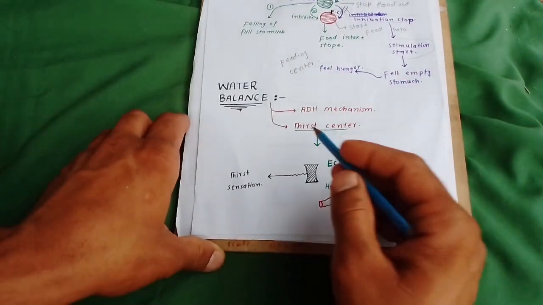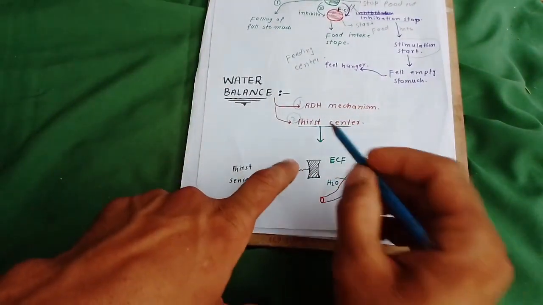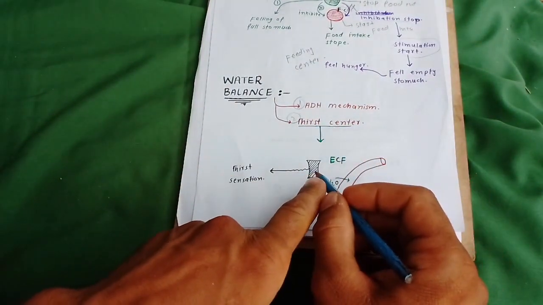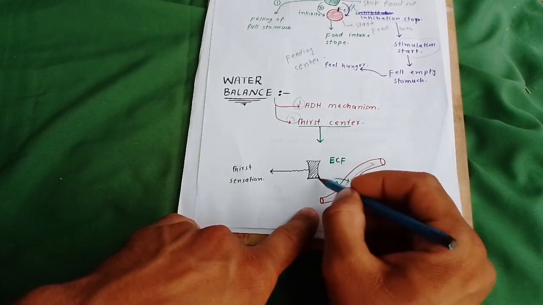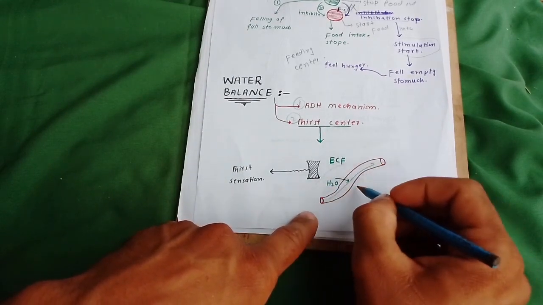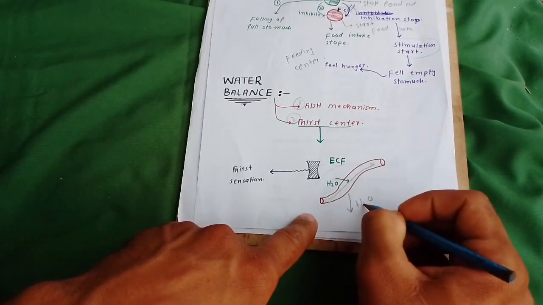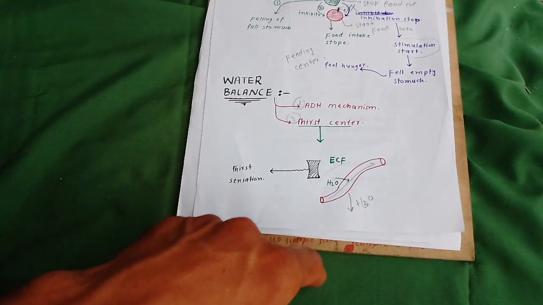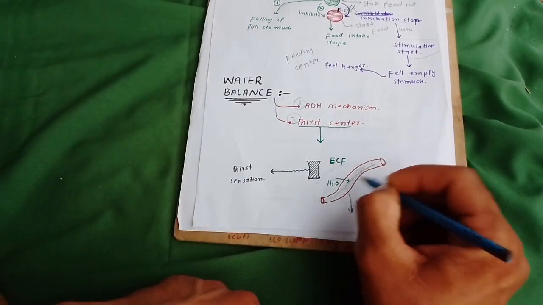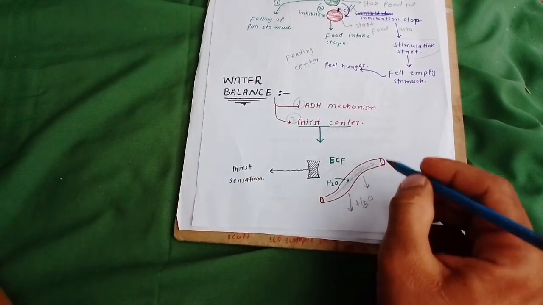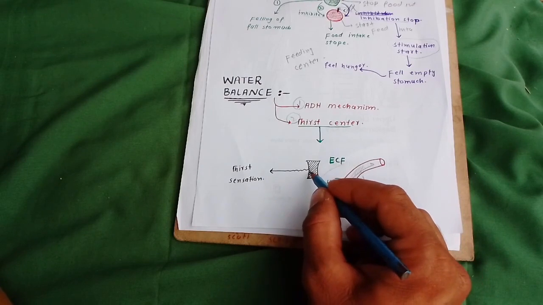This is way number one, and this is way two. The third center is present in the hypothalamus. When a blood vessel passes near this center and the water level falls, the amount of water is less than normal. This is the thirst sensation center.